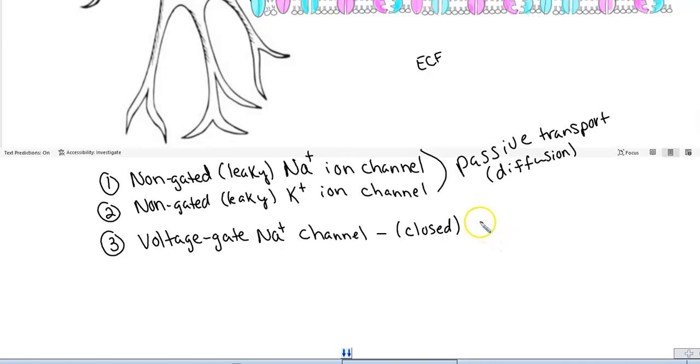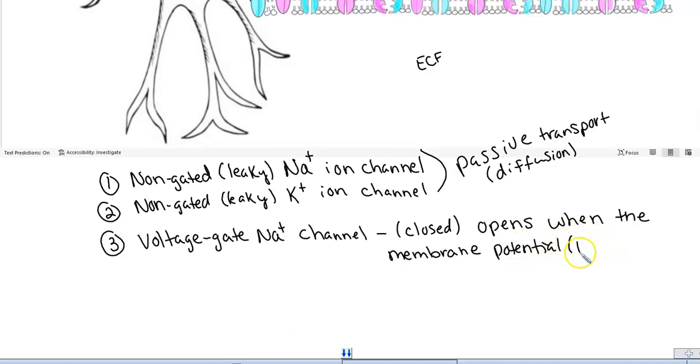But it's going to open, and this is important, when the voltage gets just right, and we call it a membrane potential. The membrane potential, aka voltage, of that cell membrane, or the axon membrane, called the axolemma, is the special word we use for voltage.